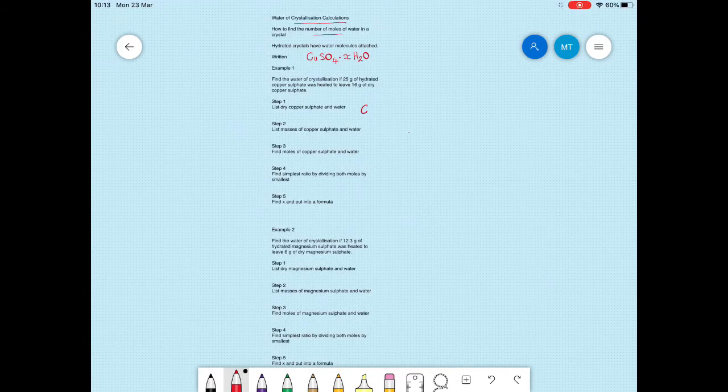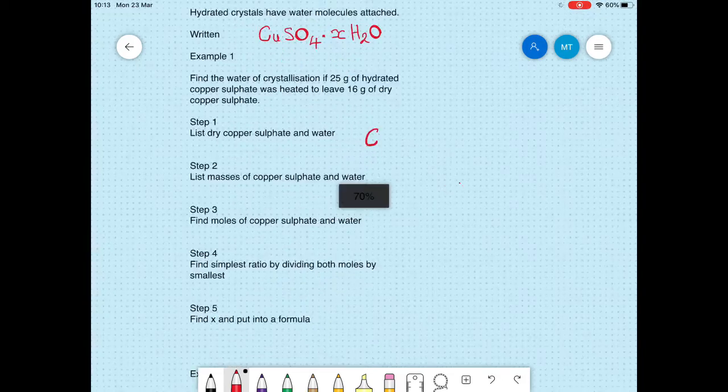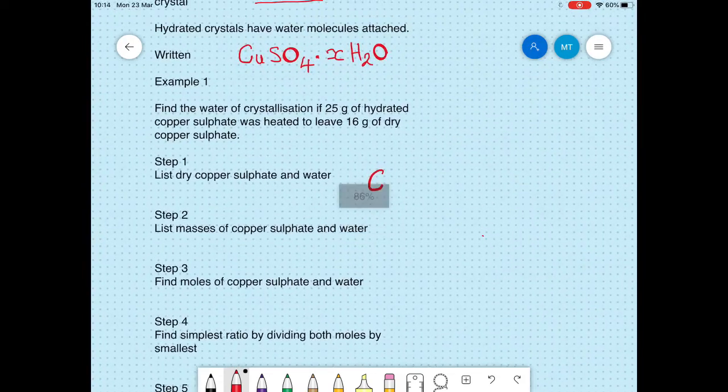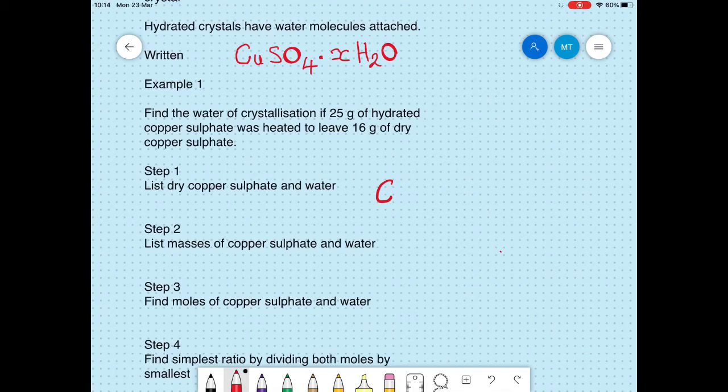So we do it in the same way as we would do an empirical formula. First, step one, list dry copper sulfate and water. So CuSO4, which is the dry one, and water. So we've separated them. List the masses of copper sulfate and water.